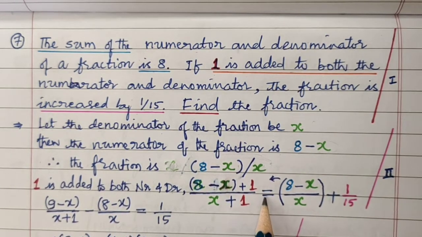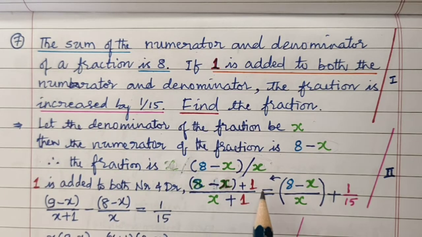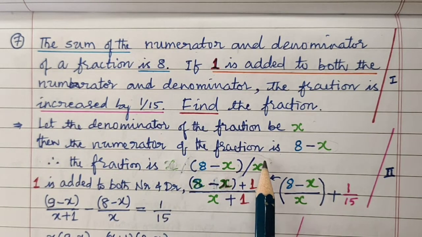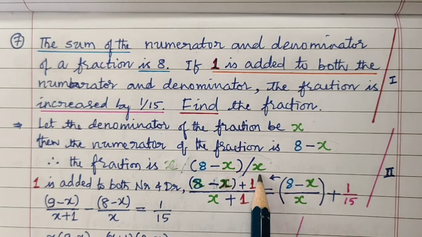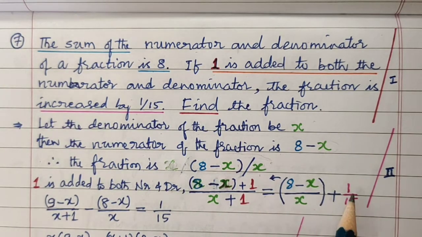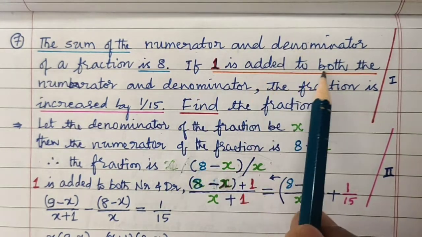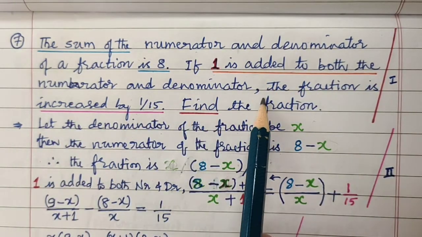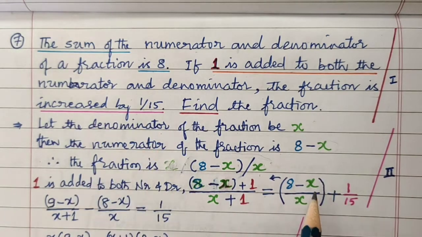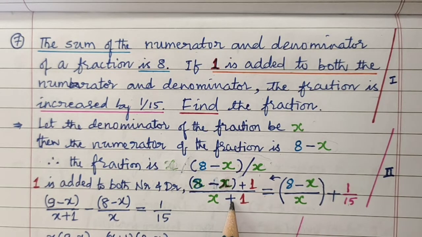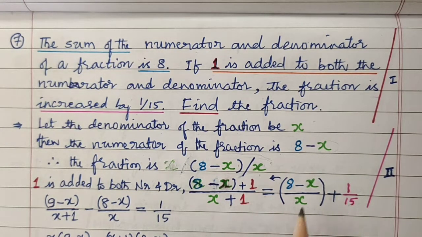The fraction is going to be increased by 1 divided by 15. When we add 1 to both numerator and denominator, we got the equation here.